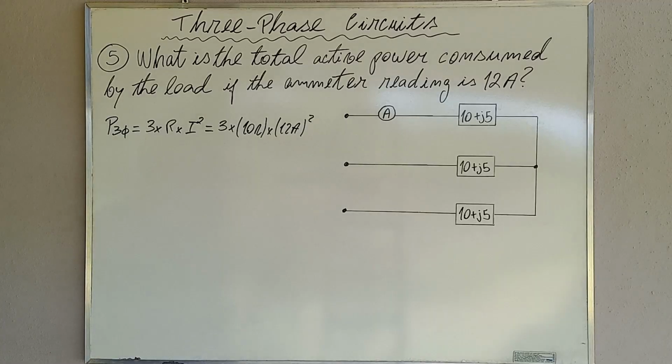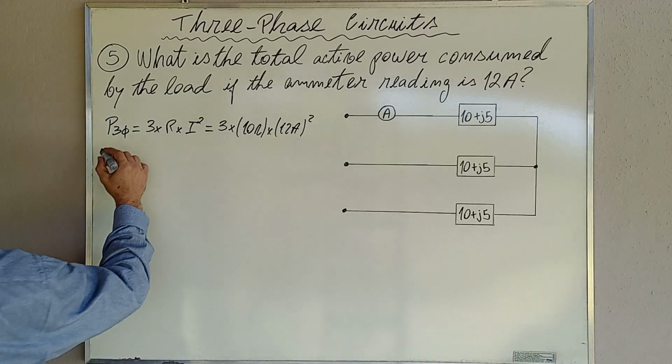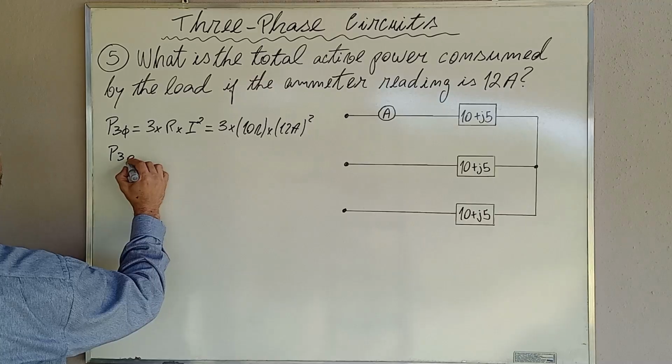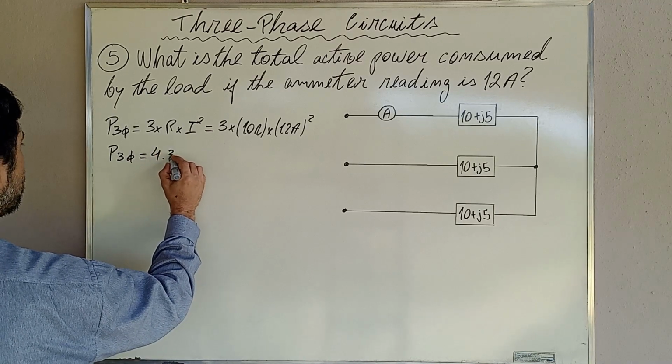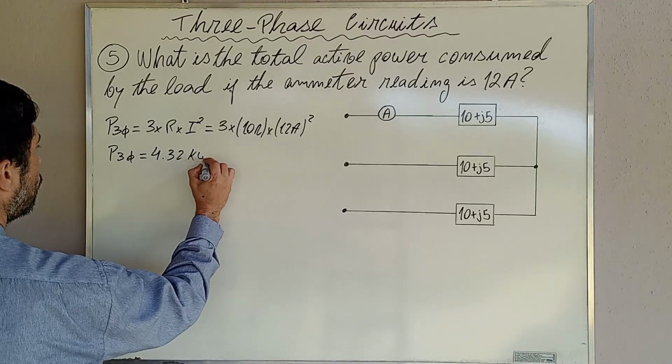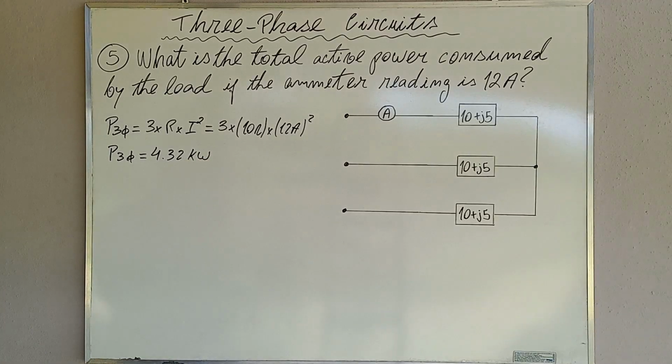And if we calculate, we find that P three-phase is equal to 4.32 kilowatts. Observe that if the same load had been connected in delta, it would consume 3 times as much power. This is for the Y.